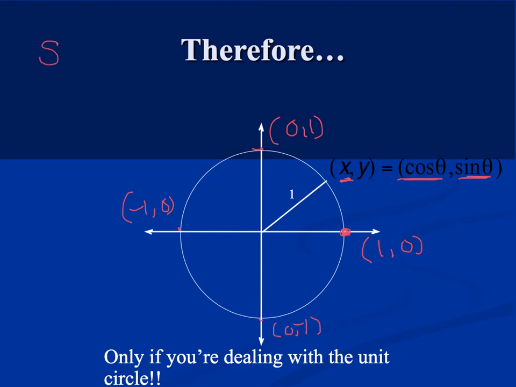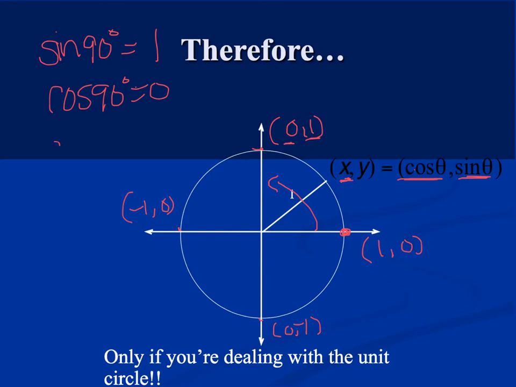So if I'm looking for the sine of 90 degrees, all I need to do is go to my 90-degree angle, which is up here, and look at the y value. It's 1, so the sine of 90 degrees is just equal to 1. The cosine of 90 degrees is going to be equal to 0 because the x value has to do with cosine, and the x value at 90 degrees is 0.